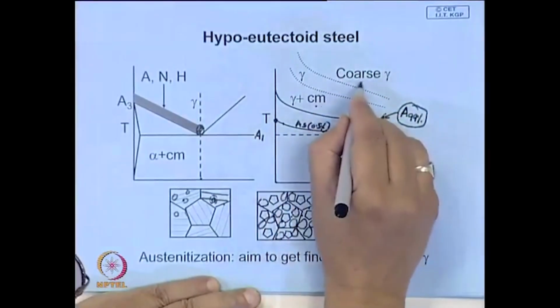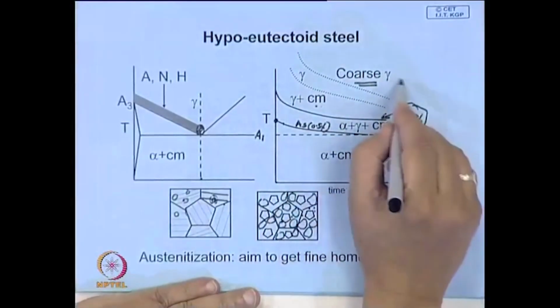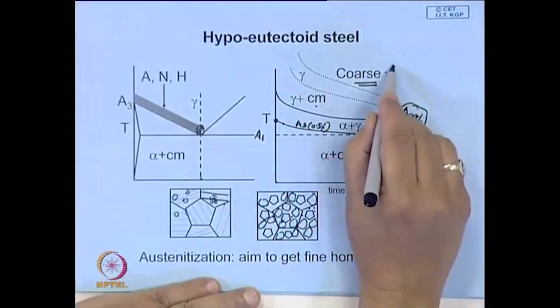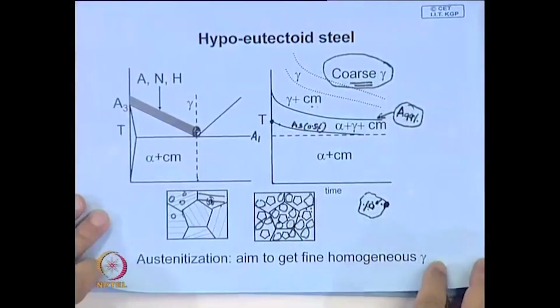So, after some time this austenite grain will start growing, and if you keep it very long, it will become coarse. As we will see later, a coarse grain structure is not desirable, because coarse grain structures have poor toughness. So, one likes to avoid it. What is more important is to optimize the condition.